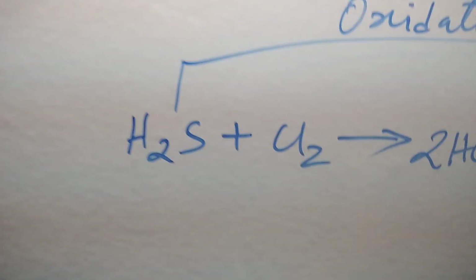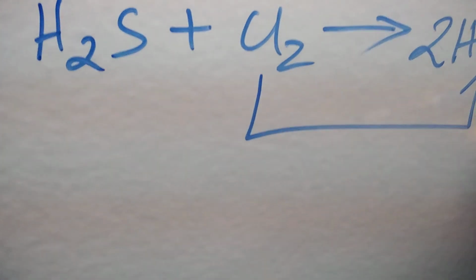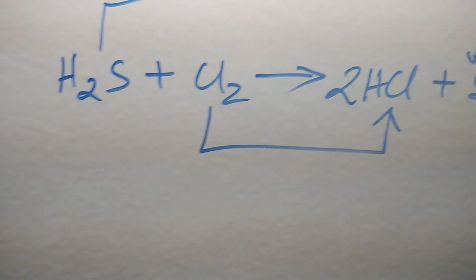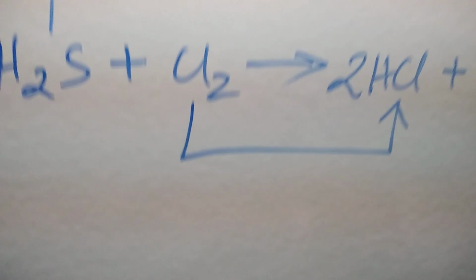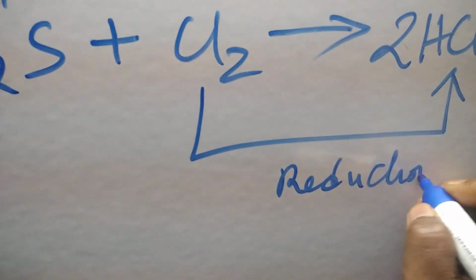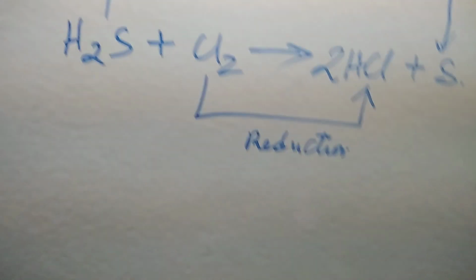Why? Because of removal of hydrogen. And Cl2 is reduced to 2HCl. Okay students, so it is reduction. Why? Because of addition of hydrogen.